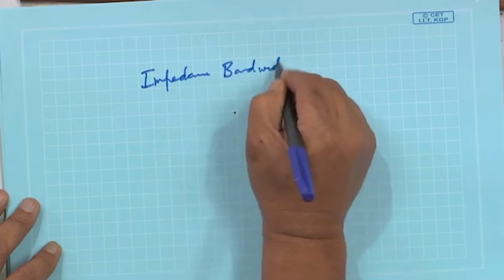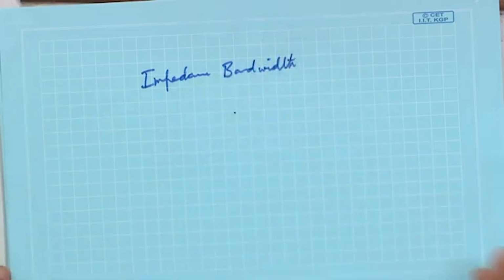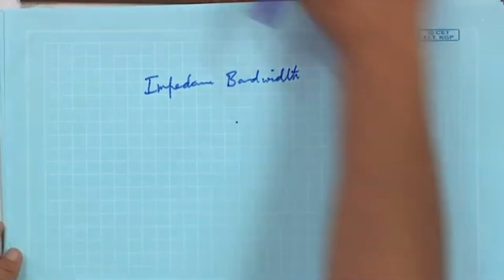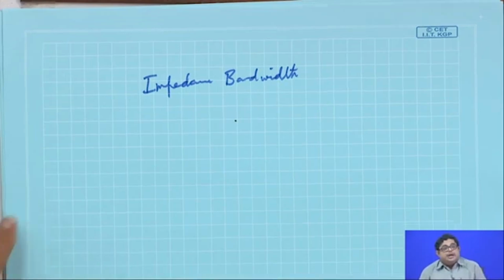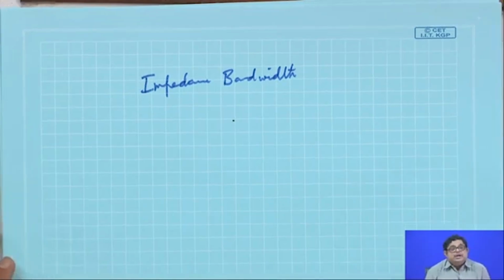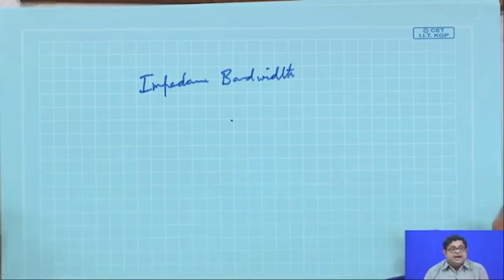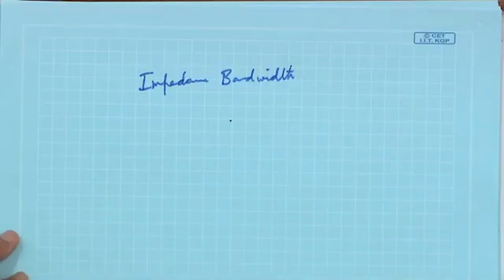That means the antenna's impedance should be at least within, let us say, some number of ohms, or sometimes VSWR is a measure of impedance with respect to a standard, particularly the characteristic impedance of the transmission line. So, impedance bandwidth is a term. That is why many antennas are characterized by, say, the 10 dB impedance bandwidth. That means the reflection coefficient is 10 dB, which is a characterization of impedance bandwidth.